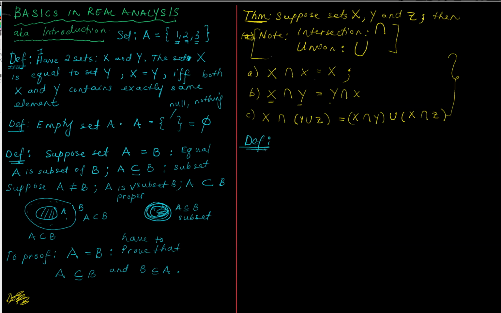Alright, since I told you I'm going to talk about definitions, let's quickly review the definition. Let's say I give you set X and set Y, because I'm going to talk about intersections and union. I just need two sets.